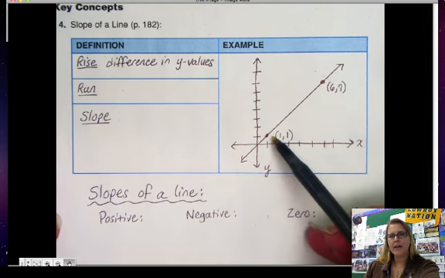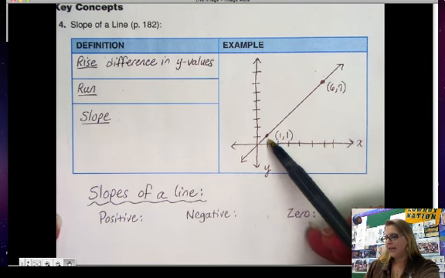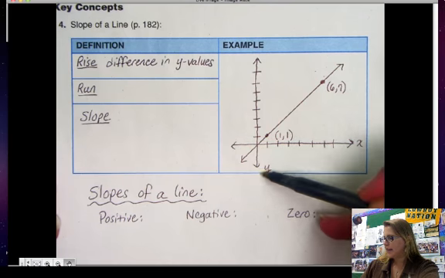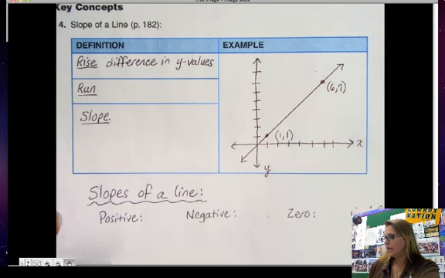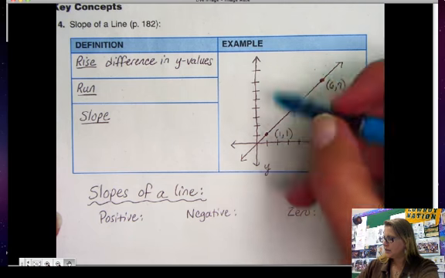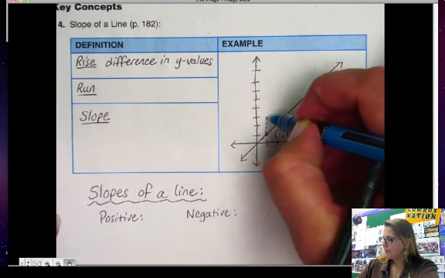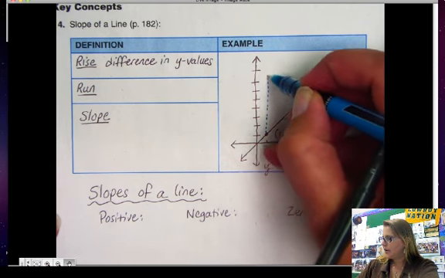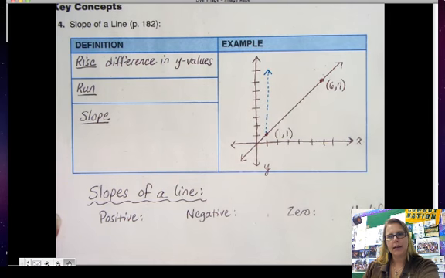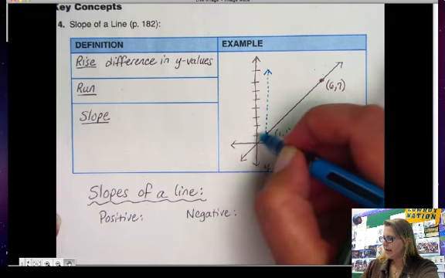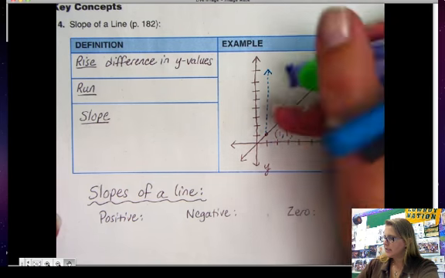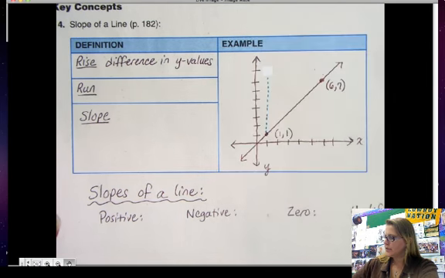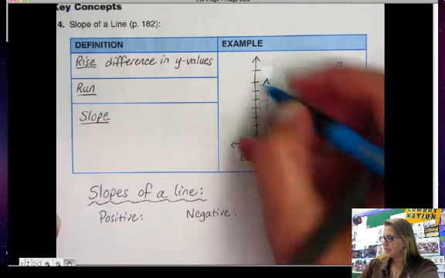If I was to find the difference in the y values, remember y is my vertical axis, then I would find out how much am I going up by on the vertical line here. I started at 1 and I'm going up to 7.